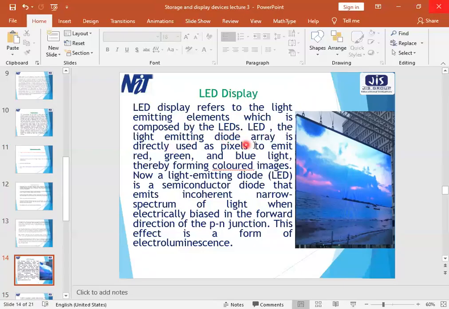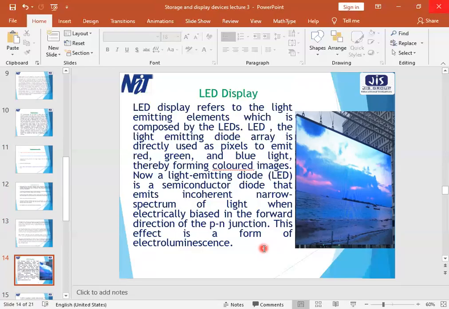The LED, light emitting diode array, is directly used as pixels to emit red, green, and blue light. You just recall that in first year we discussed this, and you have seen in the lab also that different colors of LEDs are available. You have experimented with them. So if different colors of LEDs are arranged, then they can give the display of different colors.